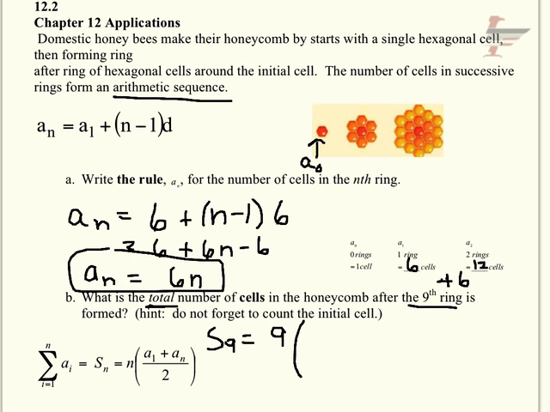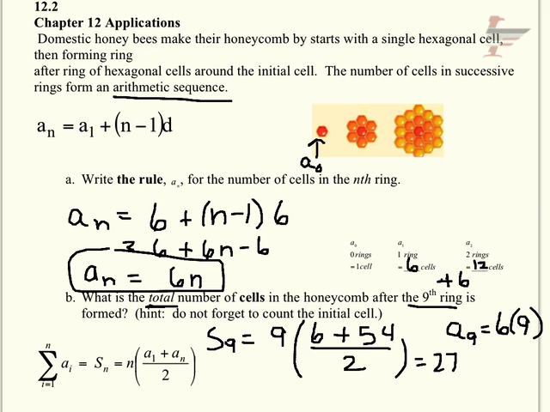A sub 1 is my first ring of my sequence, which was the 6. A sub 9 would be 6 times 9, so that will get me 54. And then divide that by 2, and then you dump that into your calculator, and you get 270, but then again, don't forget that plus 1, so it's actually 271 cells.